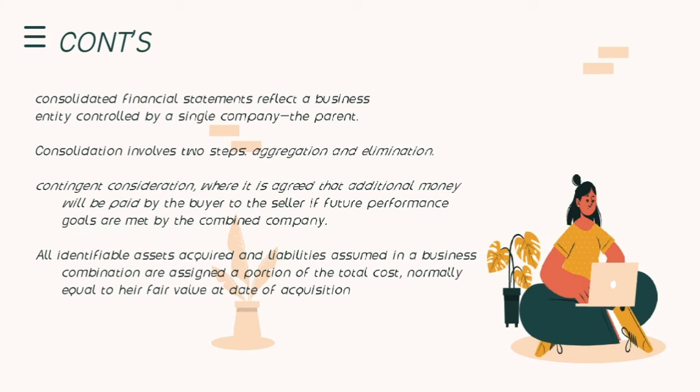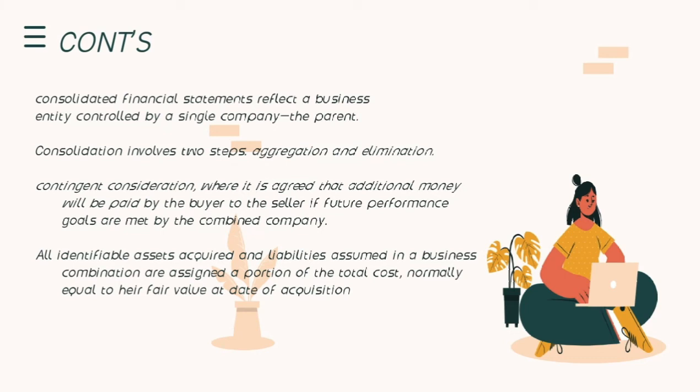Consolidation involves two steps: aggregation and elimination. First, consolidated financial statements aggregate the assets, liabilities, revenue, and expenses of subsidiaries with their corresponding items in the financial statements of the parent company. The second step is to eliminate intercompany transactions to avoid double counting or prematurely recognizing income.